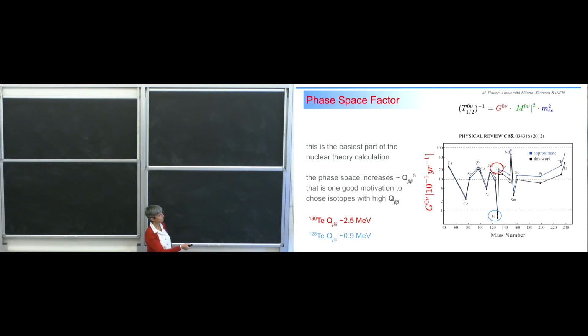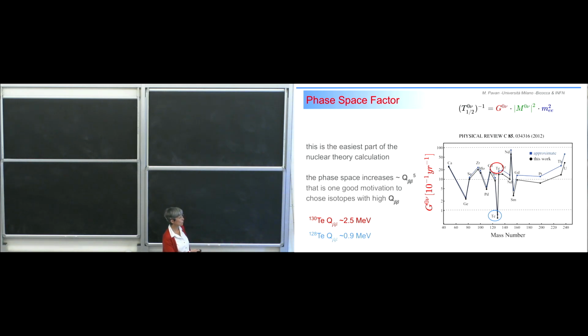More or less it scales with the fifth power of the Q value of the decay. The Q value is the transition energy, the energy that is available for the decay products, and it comes from the difference between the mass of the decaying nucleus and the sum of masses of the products.